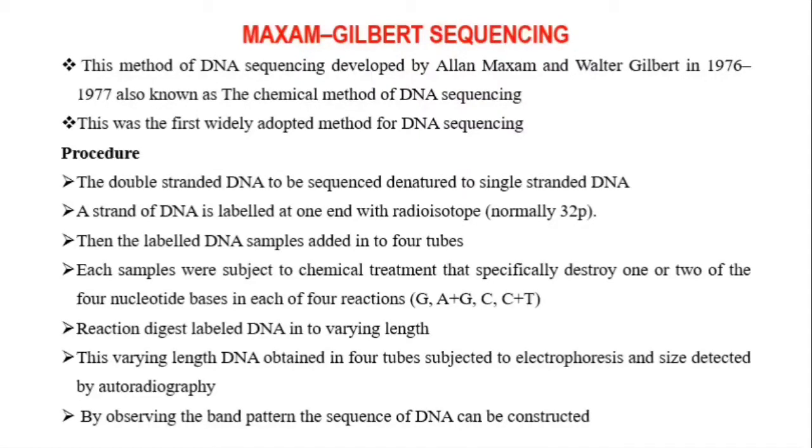Normally, P32 is used for radio labeling. Then this labeled DNA sample is added into 4 tubes, and each sample is subjected to a chemical treatment that specifically destroys one or two of the four nucleotide bases in each of the four reactions.